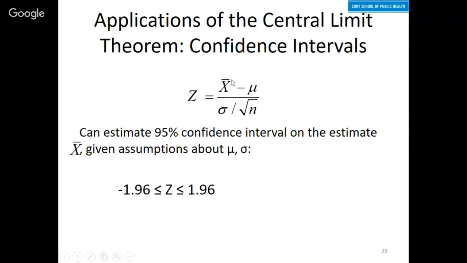You have one observation of x bar, and you take the middle of the z distribution, plug in minus 1.96 and 1.96, and calculate lower and upper plausible values for mu. So this is about giving your range of uncertainty in the population mean based on an observation of a single mean from the sampling distribution.